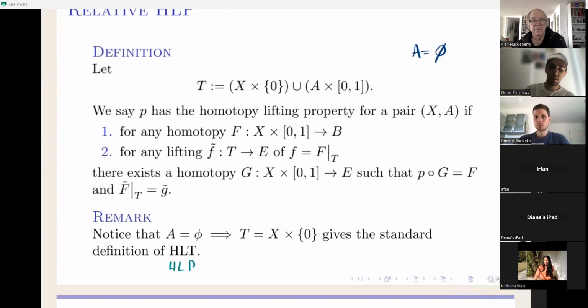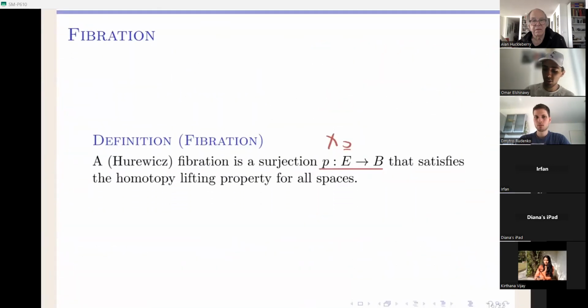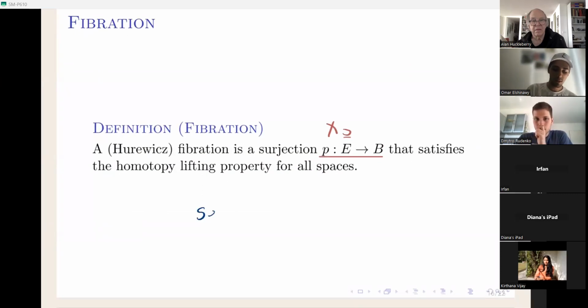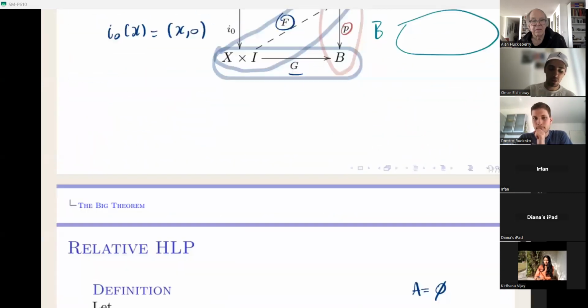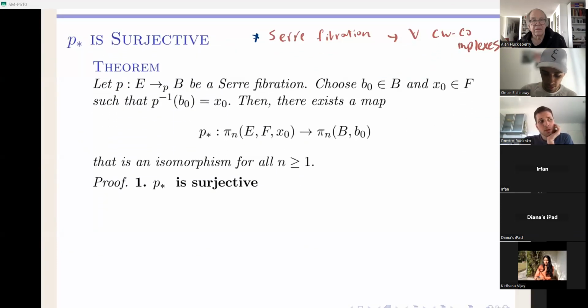And if you look at our definition of a fibration, we use the Hurewicz fibration, which satisfies the homotopy lifting property for all spaces. And so actually, Serre implies Hurewicz, because it's not just spaces, but also you can consider CW complexes. So it's just a technical remark that's not so significant for our theorem here.